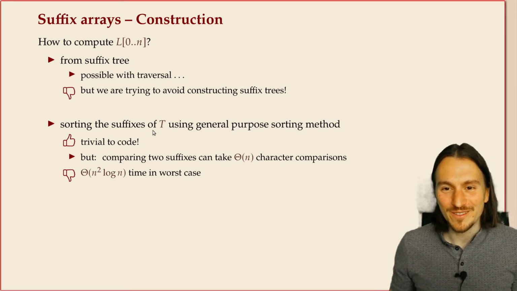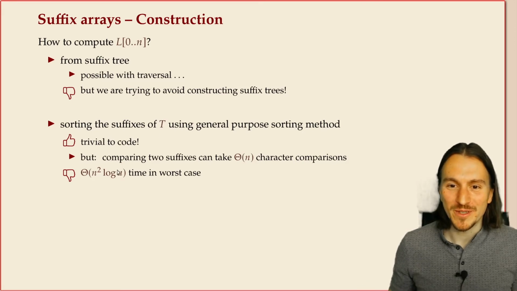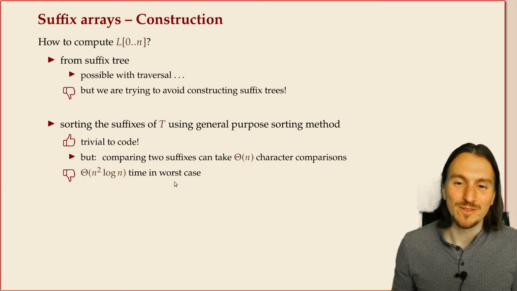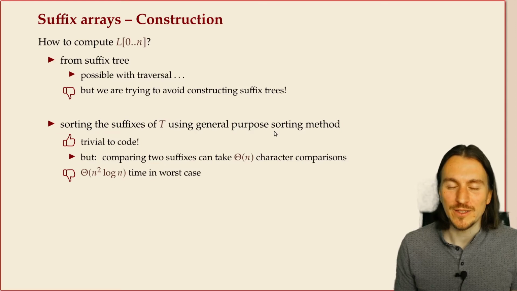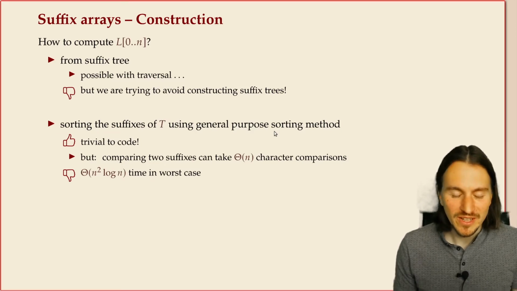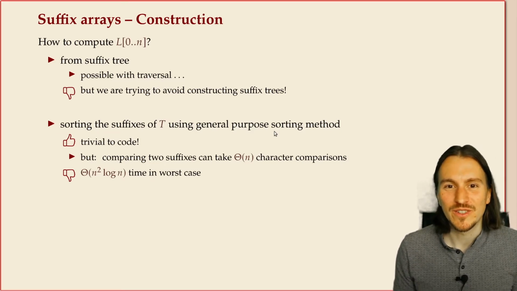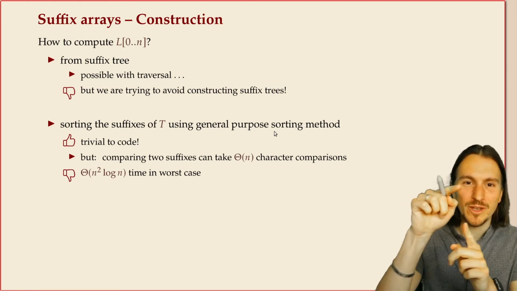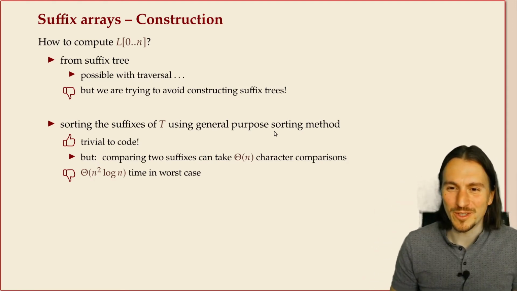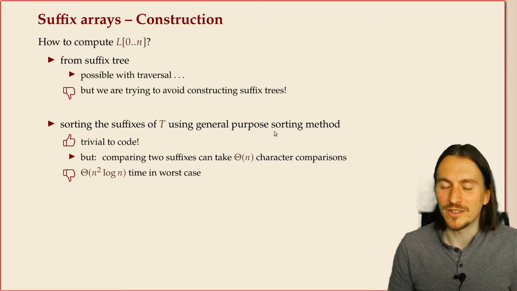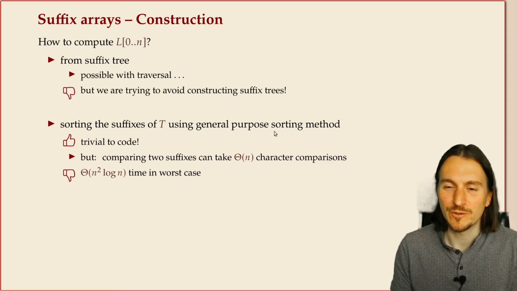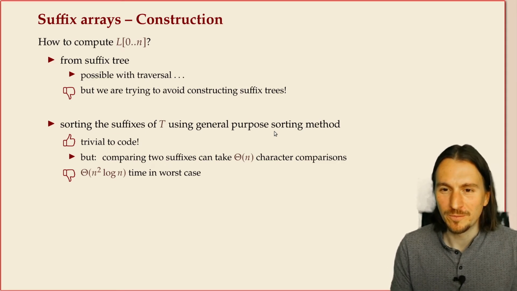And for small examples it's not even that bad, but it can be very slow. The reason is that this is a general purpose sorting method, so it relies on pairwise comparisons. And comparing two strings essentially means comparing them letter by letter. In the worst case, you have to scan the entire two strings before you find if they differ, and if so, which one is smaller.